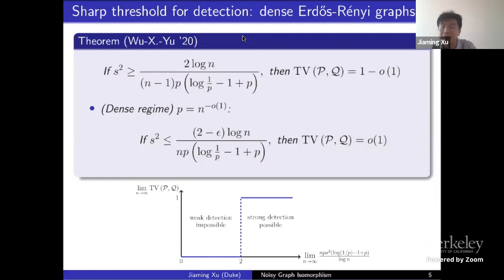Since you want the edge to be subsampled twice, that's why you have s squared. So the edge probability is p times s squared, and the average degree is n times ps squared. The condition requires that nps squared goes to infinity to be able to achieve strong detection, where the total variation distance goes to 1.